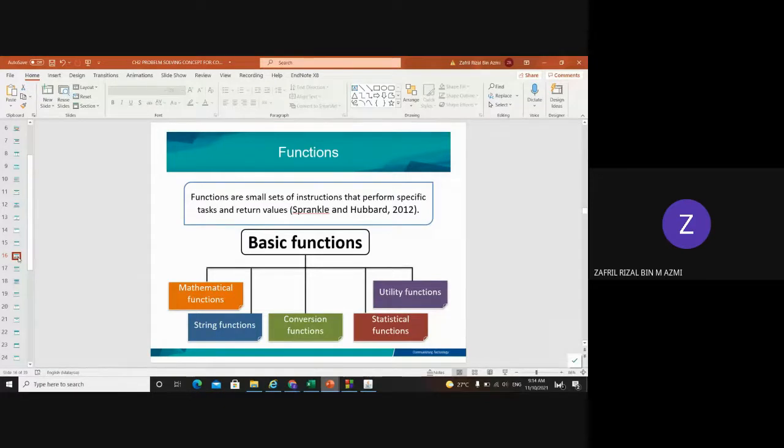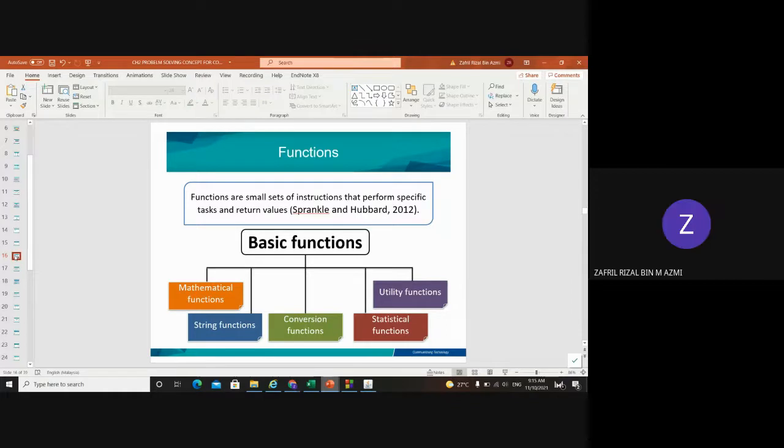So in a computer program, you cannot avoid using any function. There's a very basic function. For example, if you want to do printf, printing, those who are familiar with print, what programming language did you use during your matriculation? C++ or C, Java.